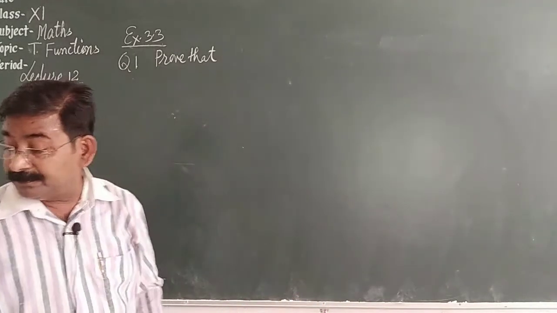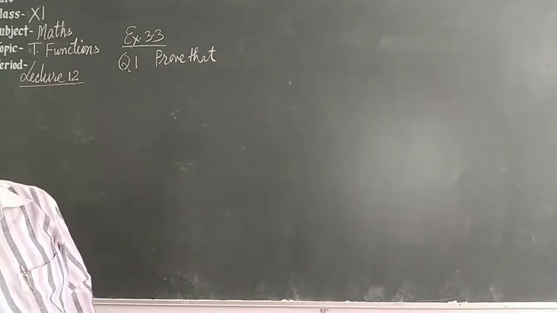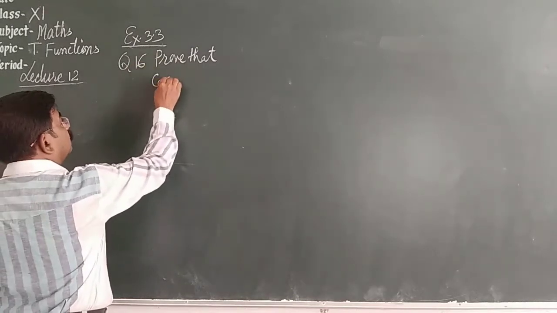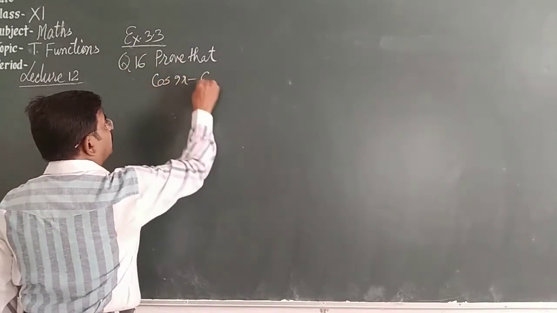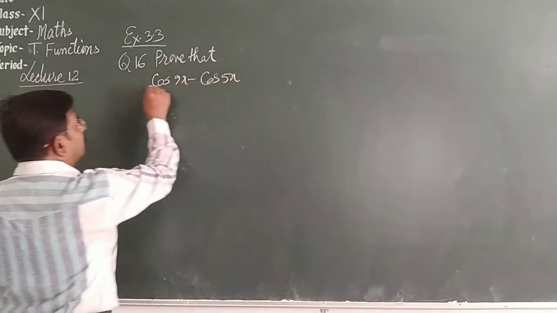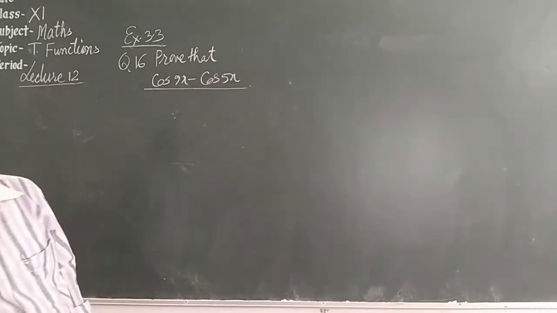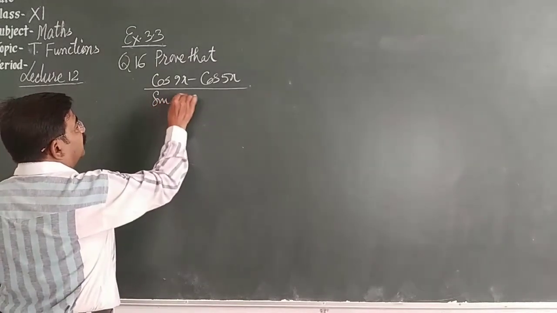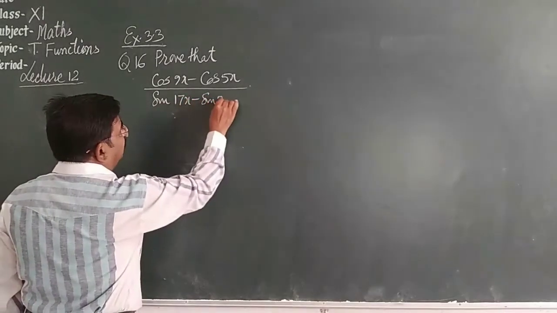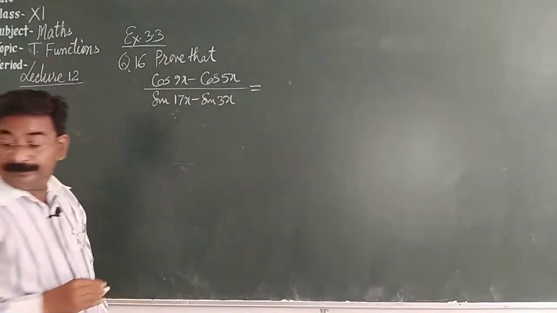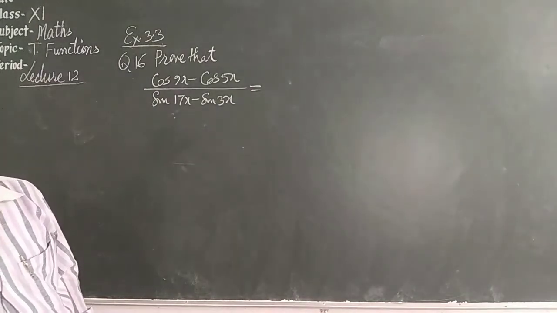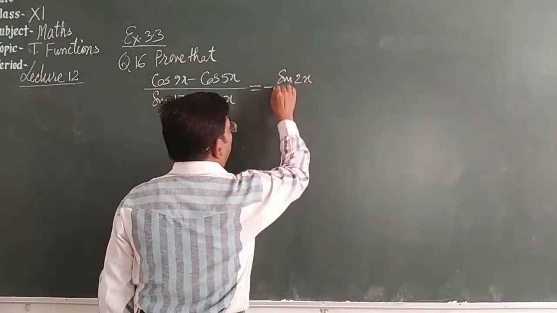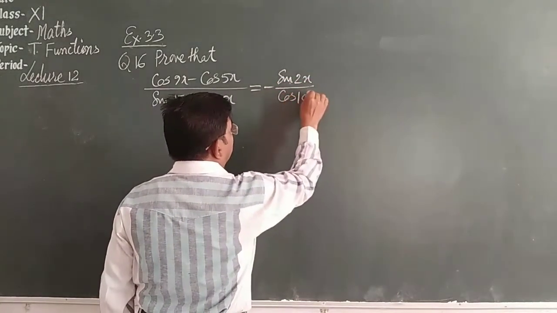Question number 16, given that (cos 9x minus cos 5x) upon (sin 17x minus sin 3x) is equal to minus sin 2x upon cos 10x.